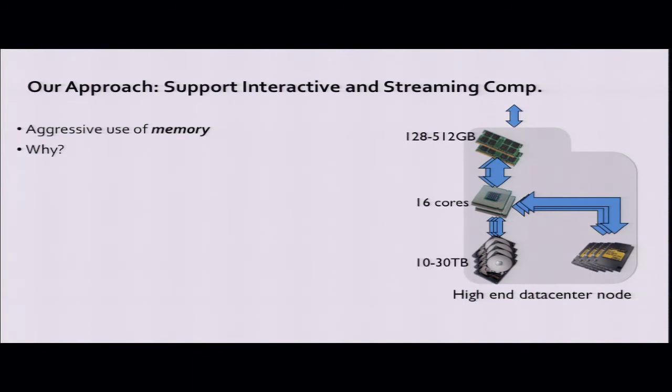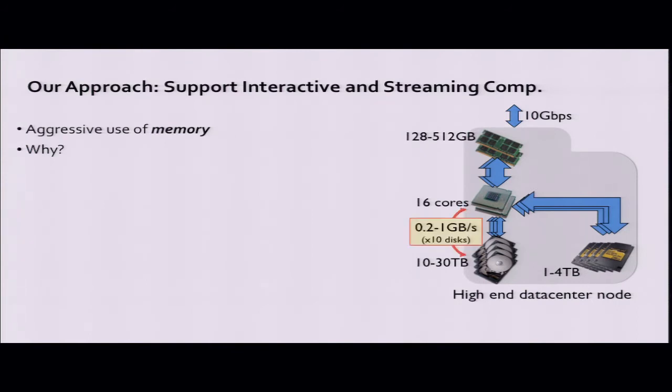It has maybe 10 or more disk drives of between 1 and 3 terabytes, so you have 10 to 30 terabytes. And maybe you have some SSDs as well, say 1 to 4 terabytes of SSDs. And then on these nodes, you also have 120 to 512 gigabytes of RAM, and it's typically connected today with a 10 gigabits per second link to the other nodes in the cluster.